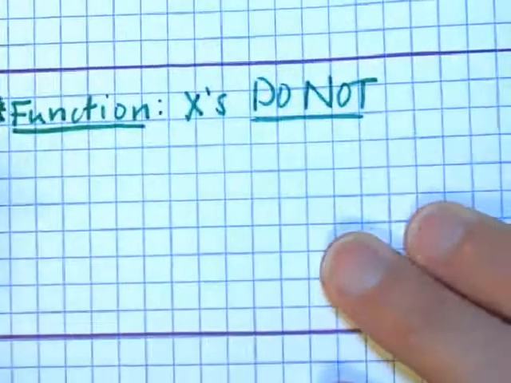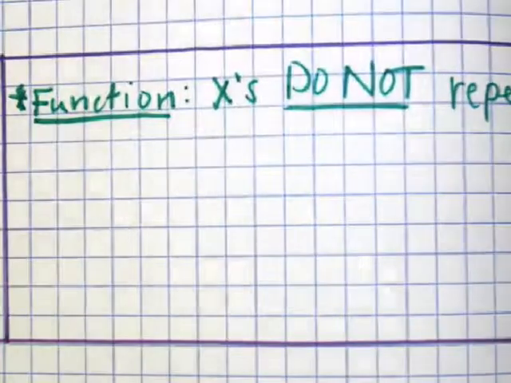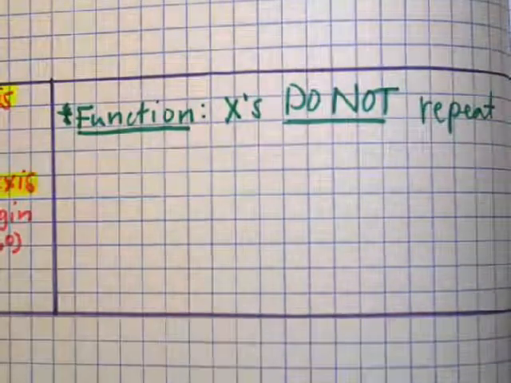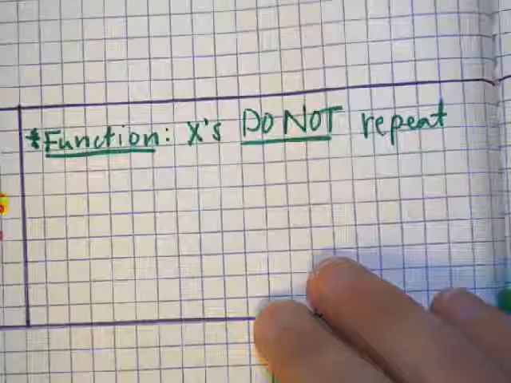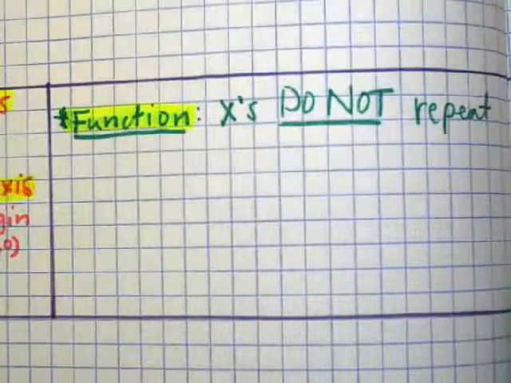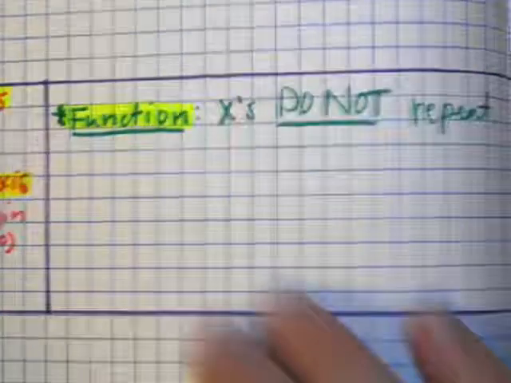Function is when your x's do not repeat. Do not repeat. I'm going to highlight the word function because that is a vocab word. My next vocabulary word is the word domain.